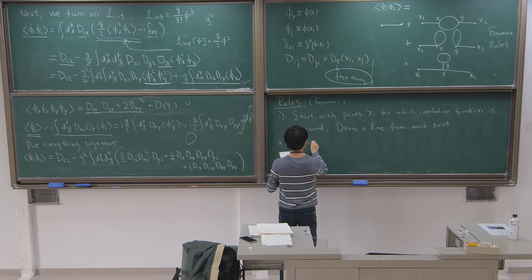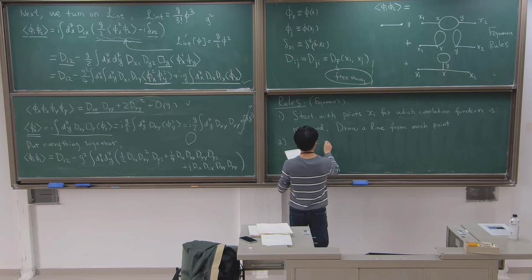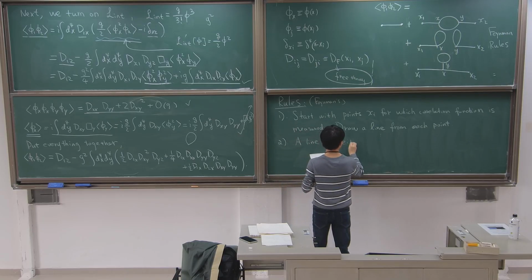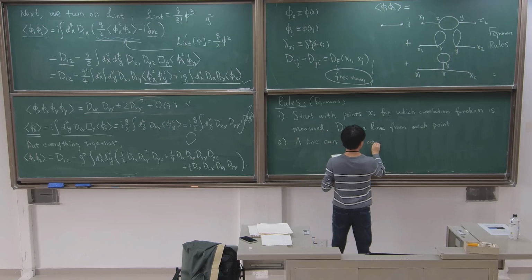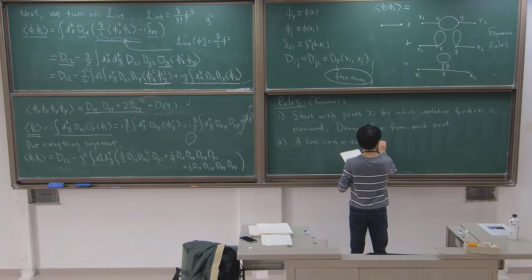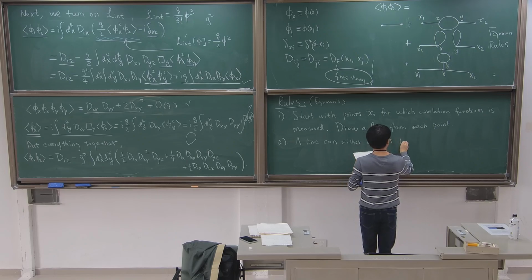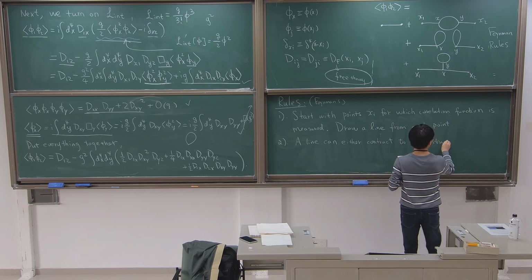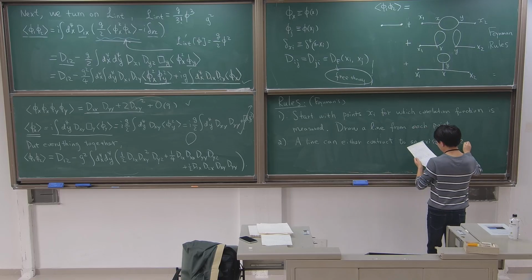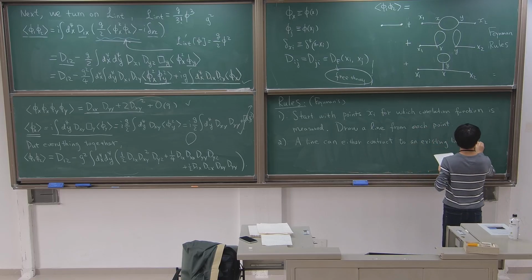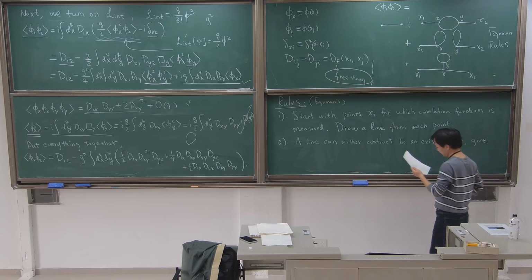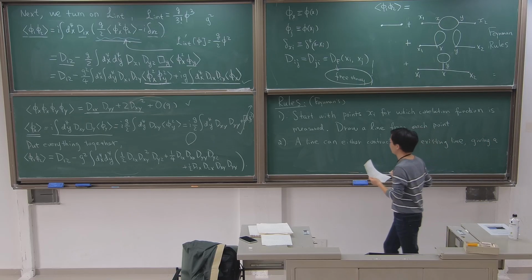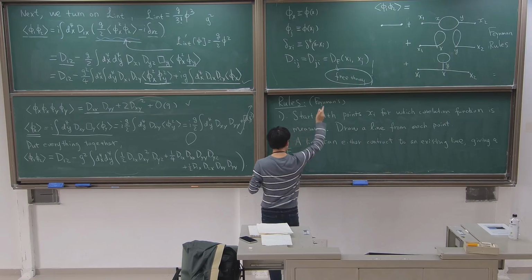The rule is that a line can either contract to an existing line, given by the Feynman propagator, which is D, okay?